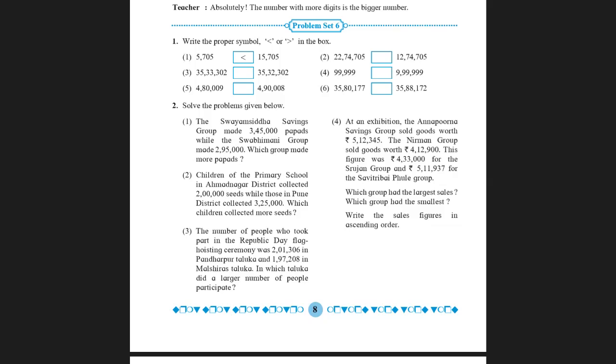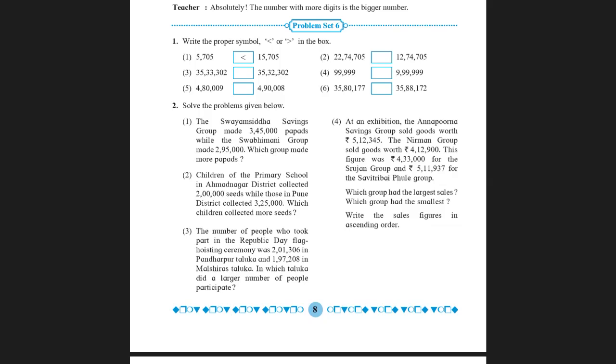See, you have question number 2, solve the problems given below. Under this subheading, you can cancel out question number 3 and 4. Okay, put a cross mark in your textbook with a pencil. Question number 3 and 4.